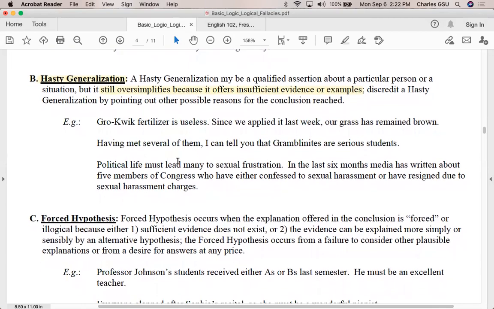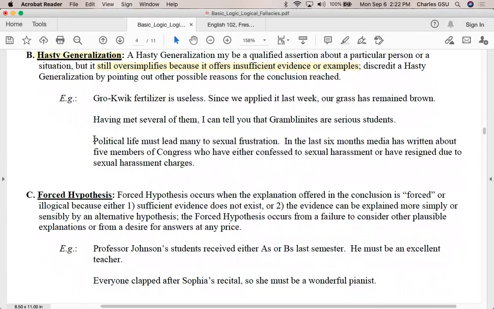Likewise, let's look at this one right here. This also starts with the conclusion that political life must lead many to sexual frustration. It's going to give a couple of pieces of facts, but it's not enough.